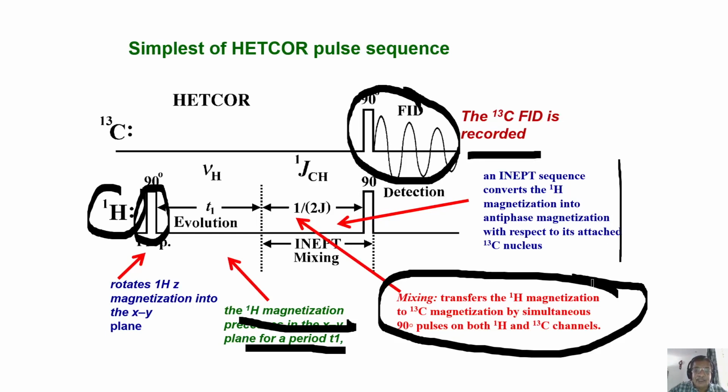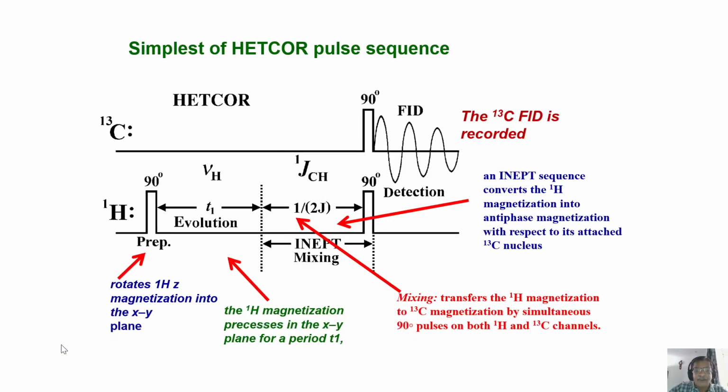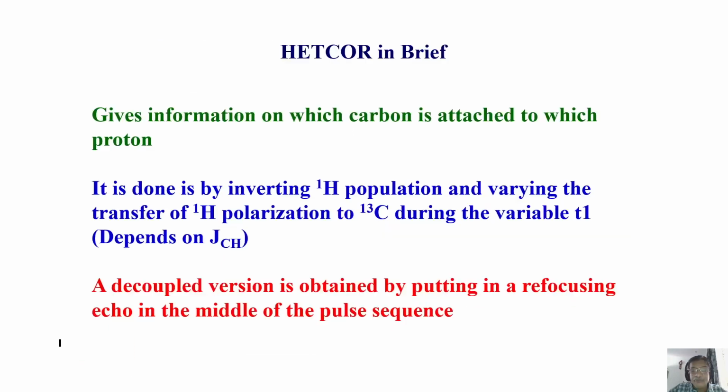So here it takes a 90-degree pulse, allow it to evolve for a time t1. After that, for a small time delay, which is equal to 1 over 2 times JCH, do the polarization transfer, enhance the signal intensity, and then detect the carbon-13 signal with proton decoupling. This is a simple pulse sequence of HETCOR.